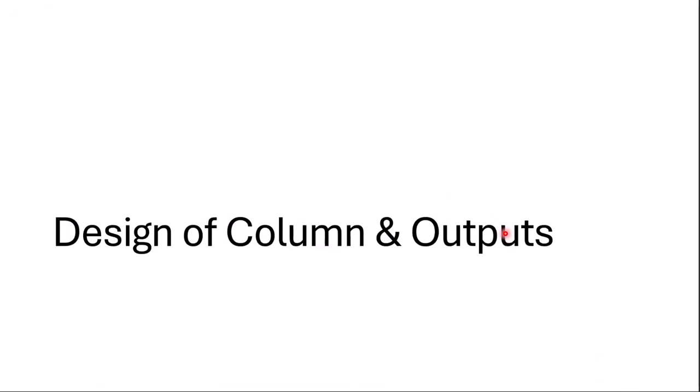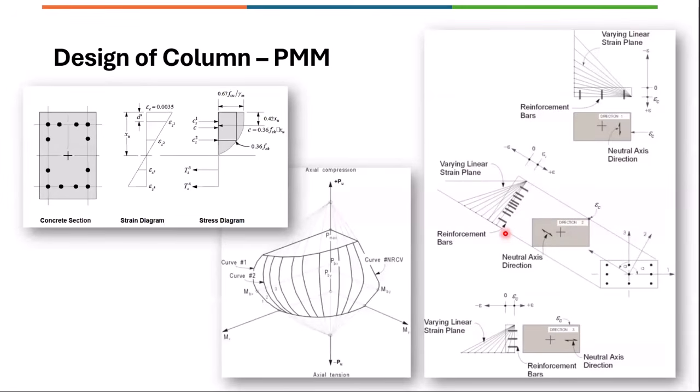Next is the design of columns. So the program uses PMM interaction surface. It generates PMM interaction surface for each column section that you define and the rebar configuration that you specify. So the rebar configuration should be more practical and somewhat closer to what you're going to detail.